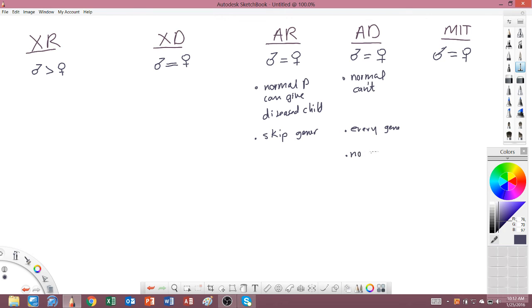In autosomal recessive, a carrier is genotypically abnormal but phenotypically normal. If a carrier marries a carrier, the likelihood of having a child with the disease is 25%. In autosomal dominant diseases, there's no hidden gene. If you have one copy, you will express the disease, so there's no way you would not know that you have it.